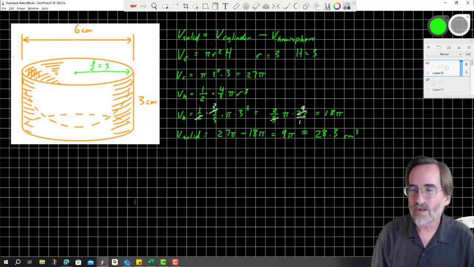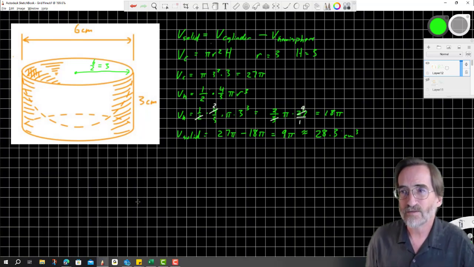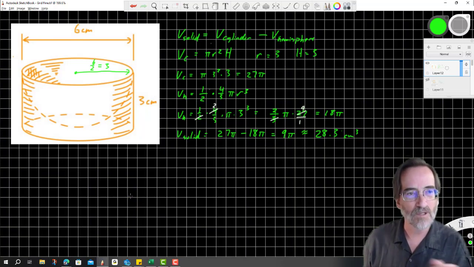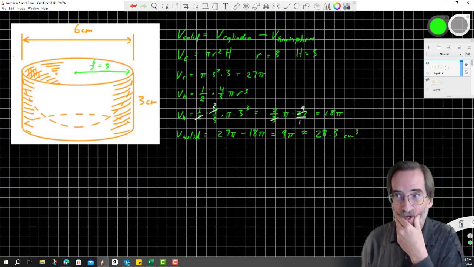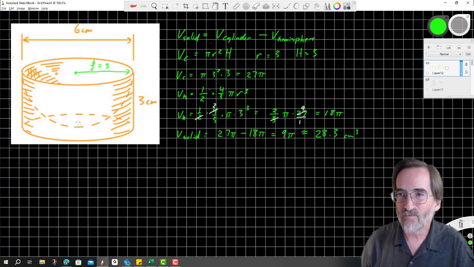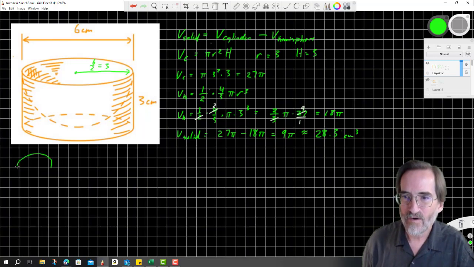All right, now we're asked to find the surface area. So if I had to paint this or put glaze on it all the way around on all surfaces, I've got to think of what sizes, what shapes there are. There's the hemisphere.